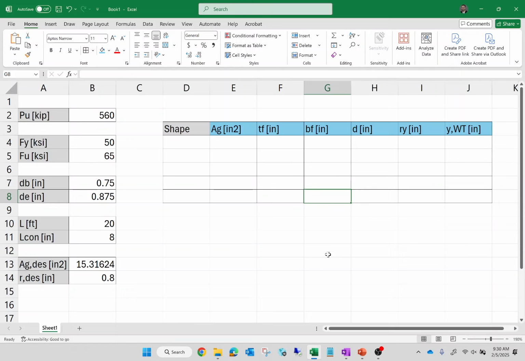A W14 by 53. So let's put that right here.